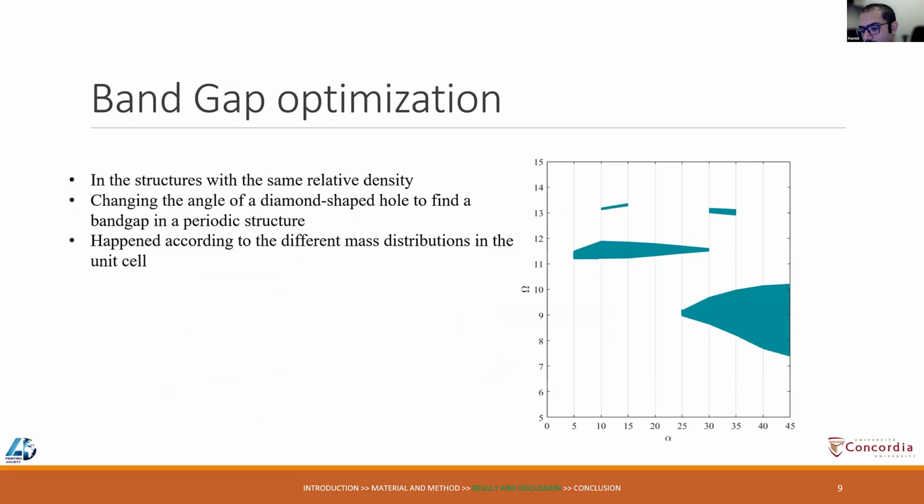I also bring the data from that wave propagation analysis as the relation between band gaps and angle, and you can see it's gradually going up, and with the same relative density, or with the same material, it's possible to bring a high range of band gap.